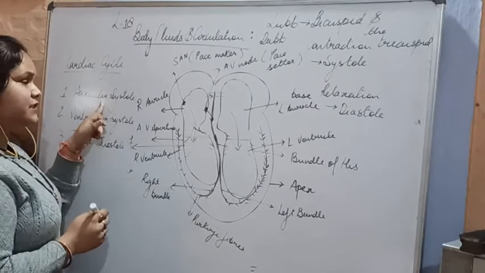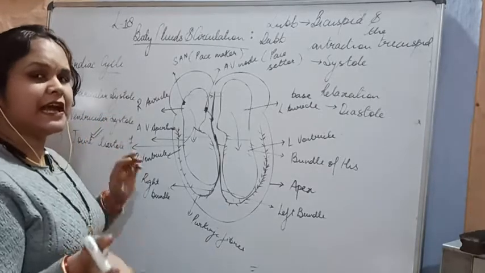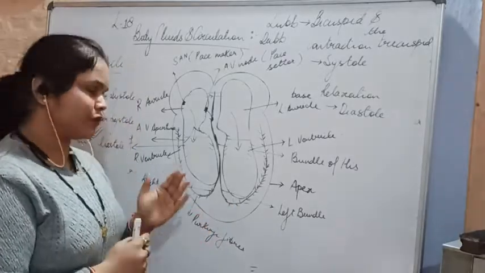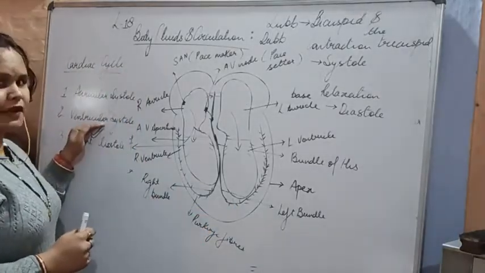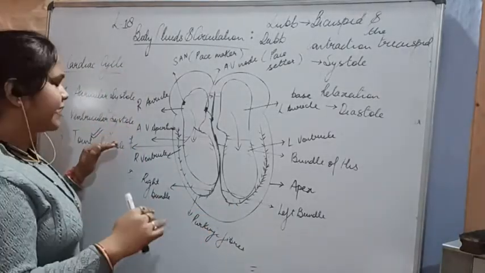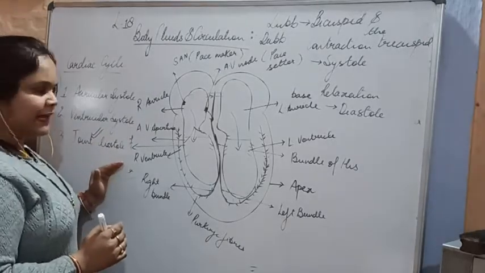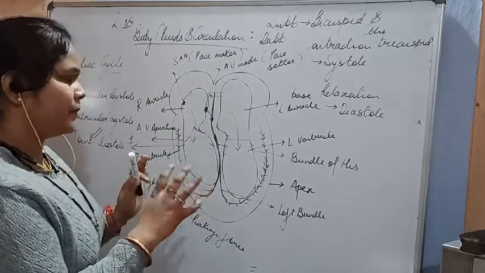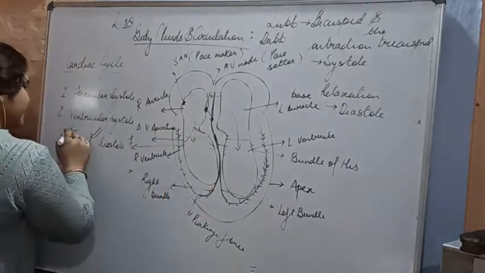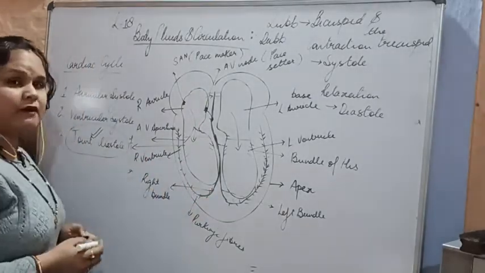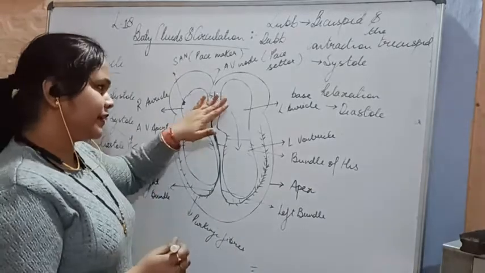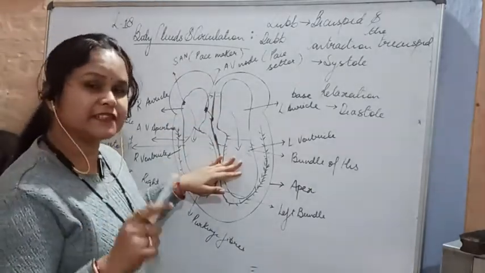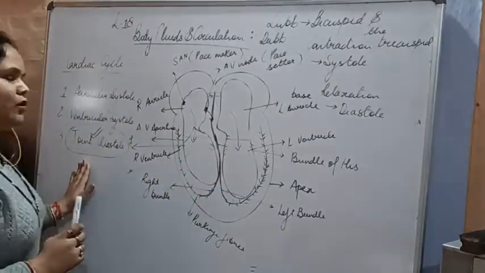When the ventricles finish the systole, they also attain the diastole stage. This is happening together, and when both compartments of our heart, the auricles as well as the ventricles, are in the relaxed state, it is called a joint diastole.